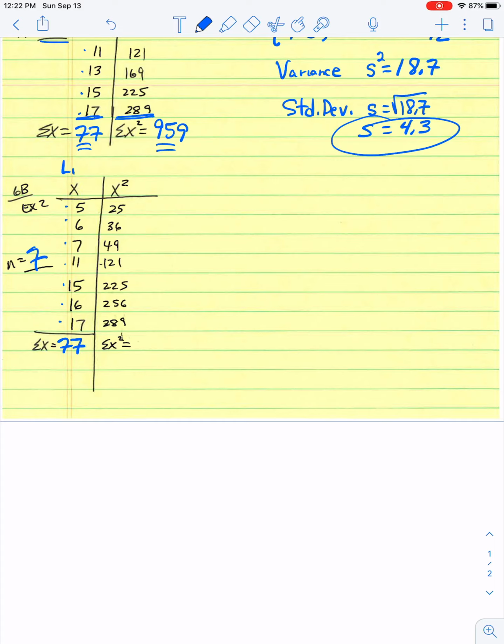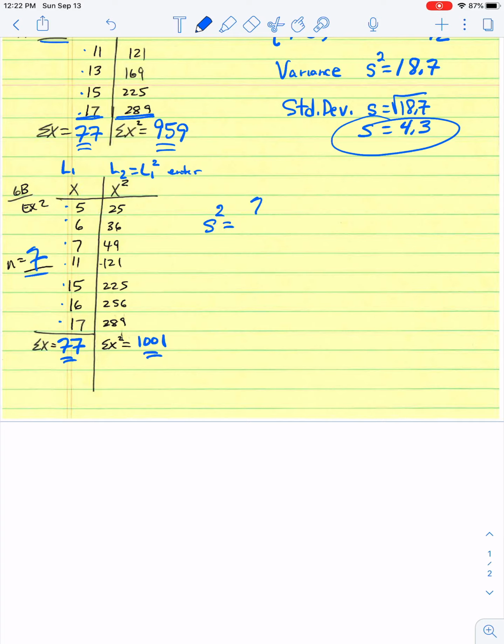This time, again, if you want to put L2 to be L1 squared and let it fill the column for you, you certainly can. I have a sum here of 1001. So those are my three magic numbers to fill my variance formula, and we're ready to go with that shortcut.